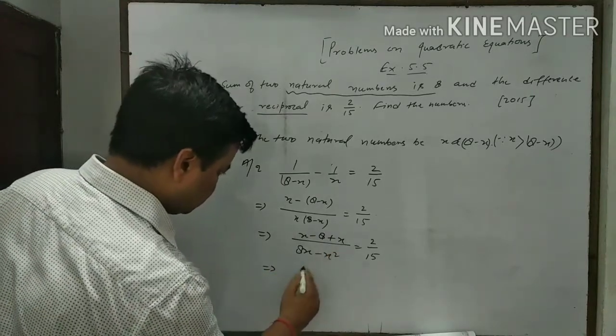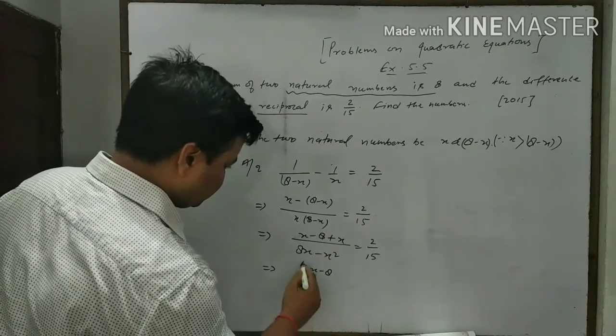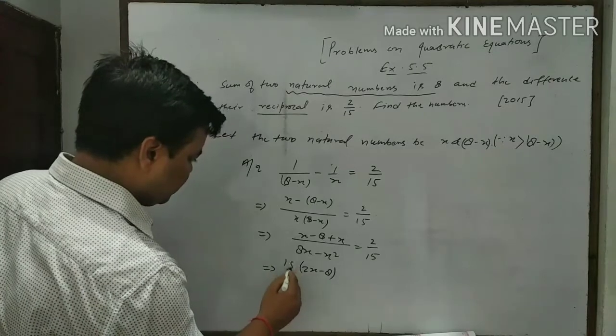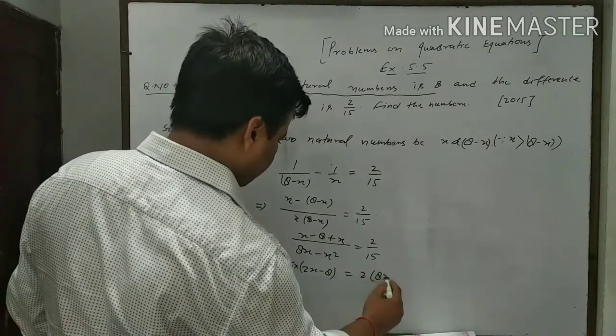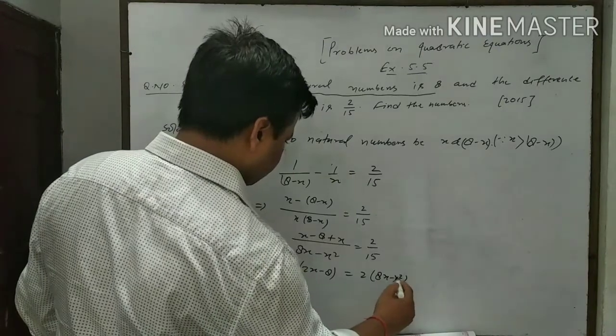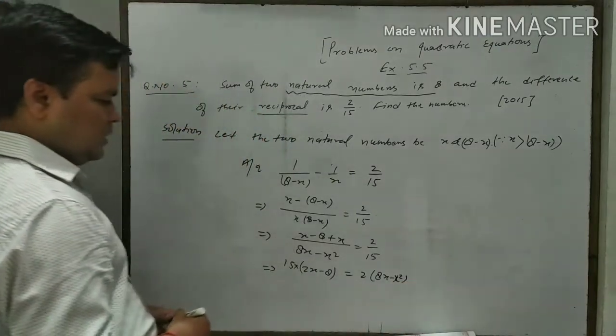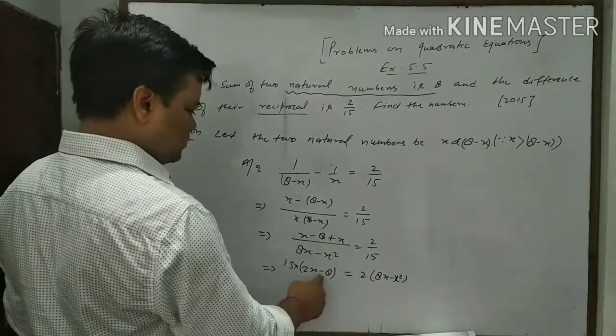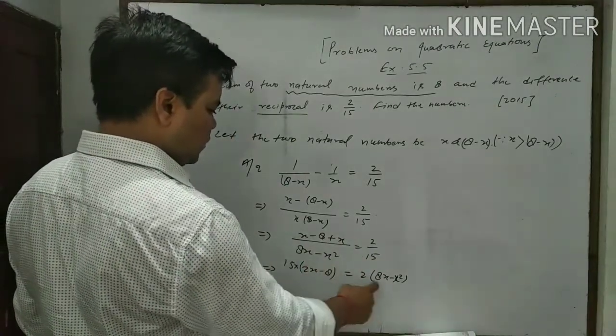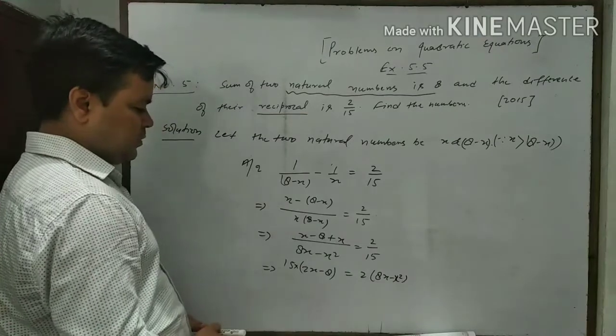It will be 2x minus 8 into 15 is equal to 2 into 8x minus x square. Like this, cross multiplication: 15 into 2x minus 8 is equal to 2 into 8x minus x square.